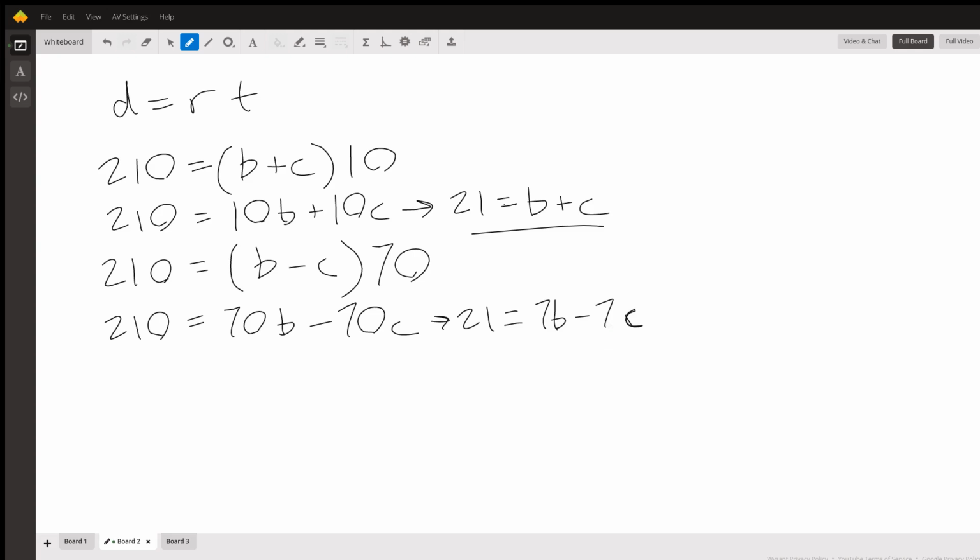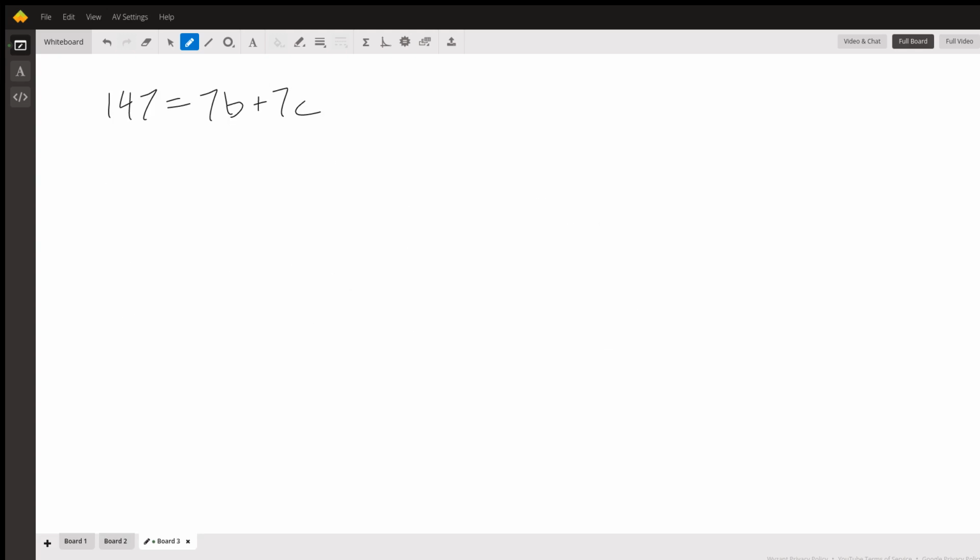And the other equation was 21 is 7B minus 7C. So since I did that, now I can add the equations together and notice that the C unknown will be eliminated. So what is 147 plus 21? That is 168.